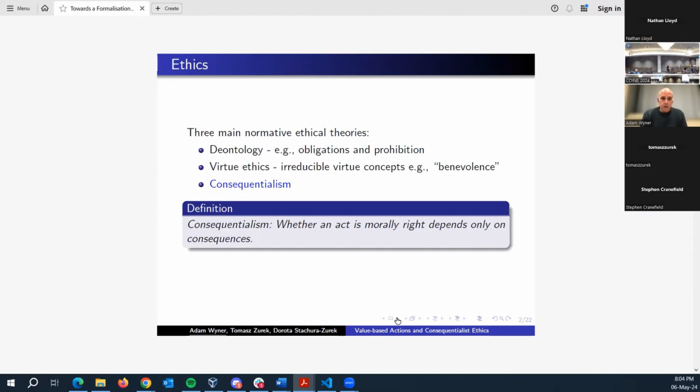There are three main normative ethical theories: deontology, which is about obligations and prohibitions; virtue ethics, about irreducible virtue concepts such as benevolence; and consequentialism, where whether an act is morally right depends only on the consequences of that act.